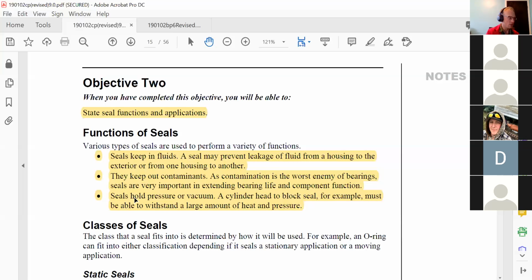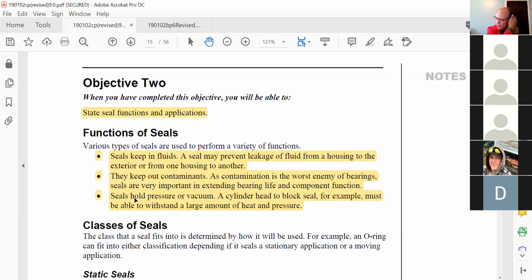Another one that is designed to hold pressure or a vacuum that comes to mind is seals inside of your air conditioning system. But what kind of seals are those? O-rings, yeah. So a seal that is designed for pressure or a vacuum is going to be specifically designed for it.